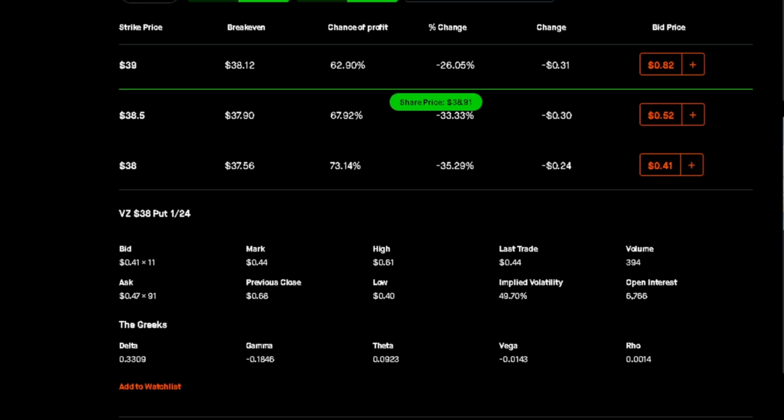As an example, if I were to sell this Verizon put at 41 cents per share and the implied volatility went up, that means that the option price would go up, and if it goes up too much, I would take a loss if I tried to buy this option back on the expiration date or anytime between then. So that is something to keep in mind.